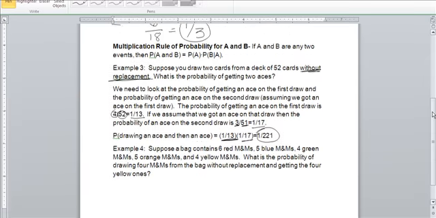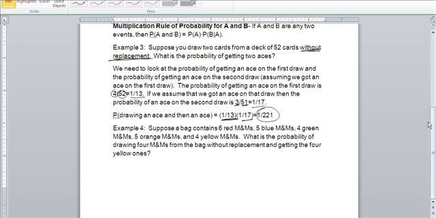Okay, let's move on to our M&M problem. Suppose a bag contains 6 red M&Ms, 5 blue M&Ms, 4 green ones, 5 orange ones, and 4 yellow ones. What is the probability of drawing 4 M&Ms from the bag without replacement? Again, we want to emphasize we're looking for those words and getting the 4 yellow ones.